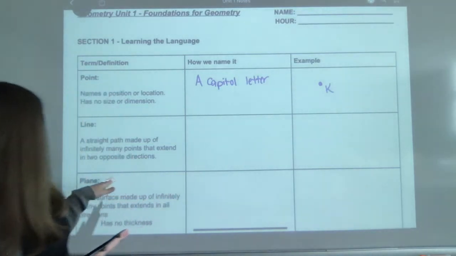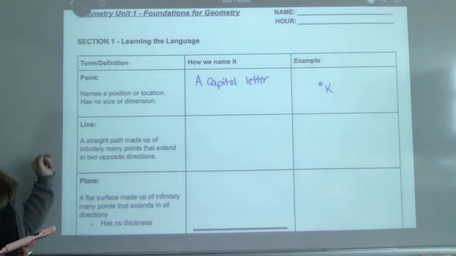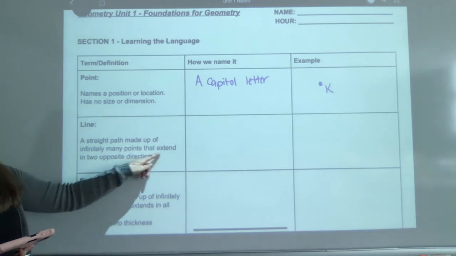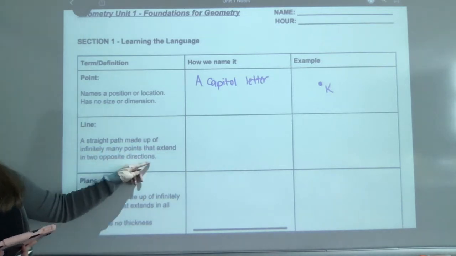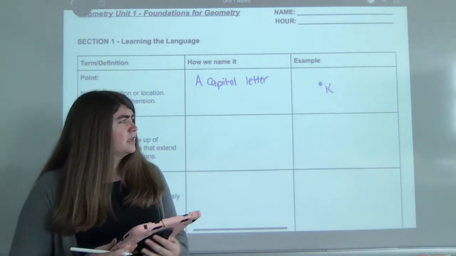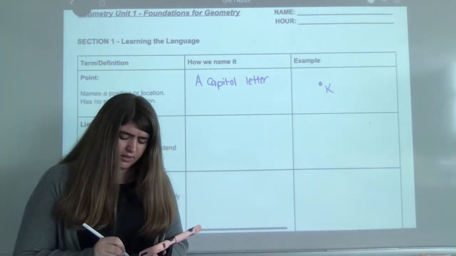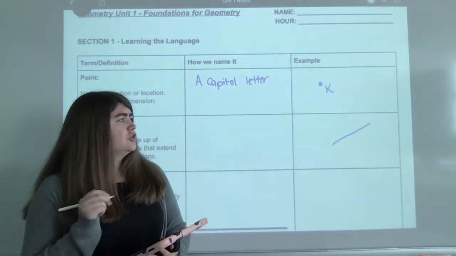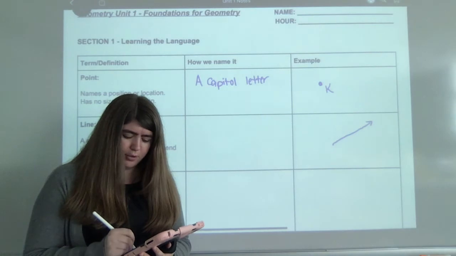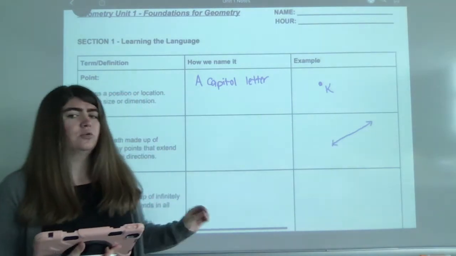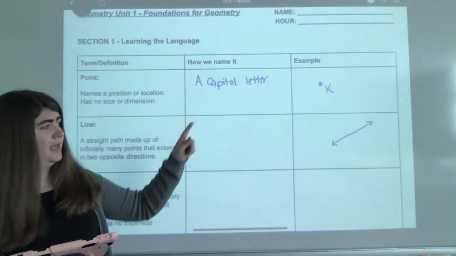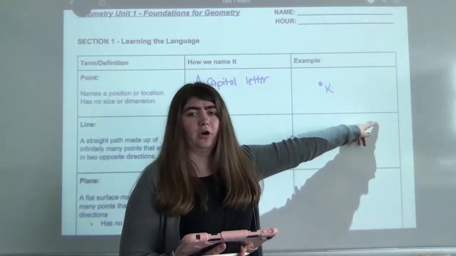All right. Next, we have a line. A line is a straight path made up of infinitely many points that extends in two opposite directions. Okay, so you've probably seen a line before. Typically, we see them looking like this. In geometry, if we're drawing a line, we want to make sure that we have an arrow on both sides because lines do extend in either direction forever, and that arrow lets me know that this keeps going.